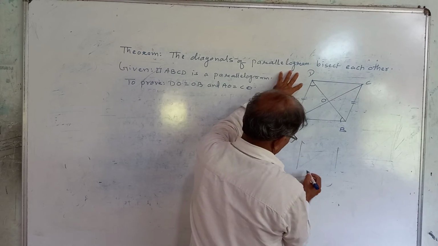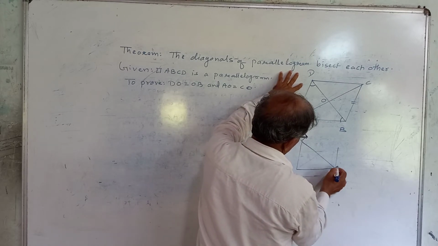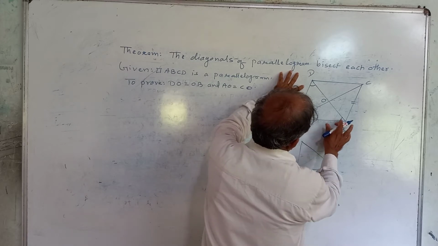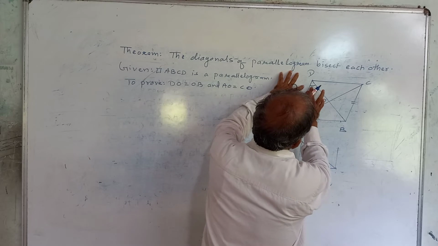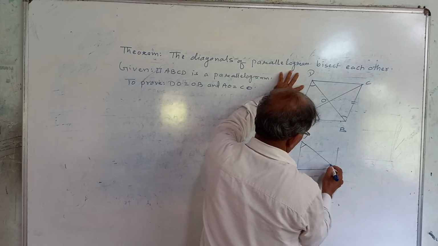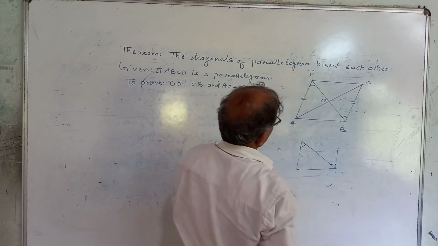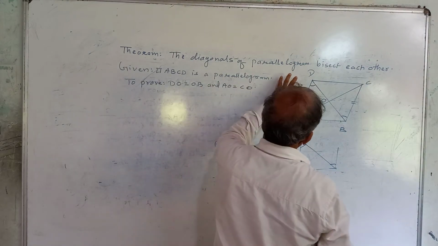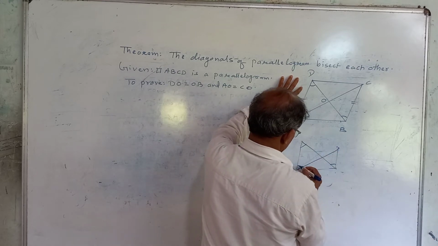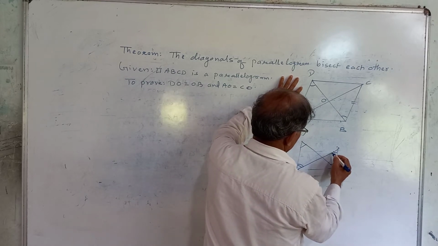Isn't it? So this diagonal, see. Sorry, this angle D is equal to here alternate angle. See, this angle equal to this angle. Again, when you draw diagonal AC here, for this alternate angle is this.